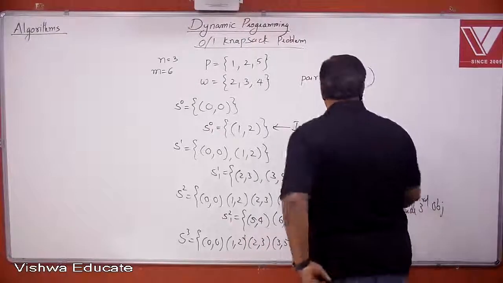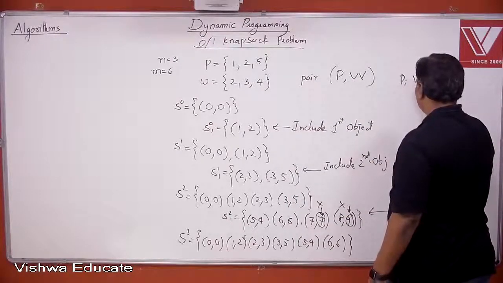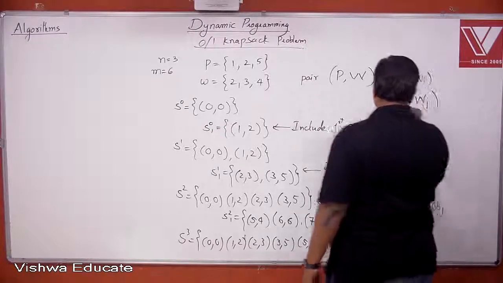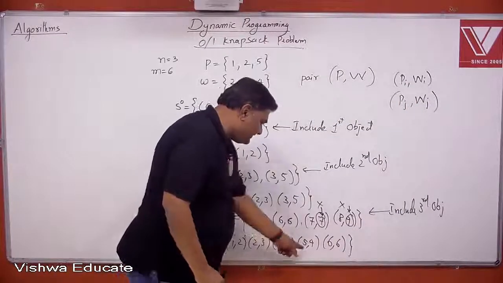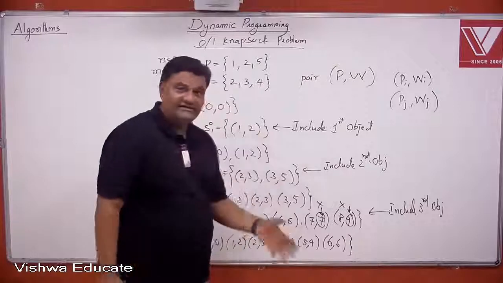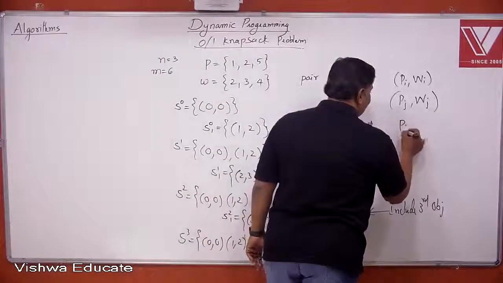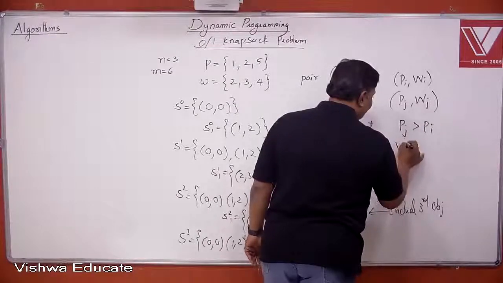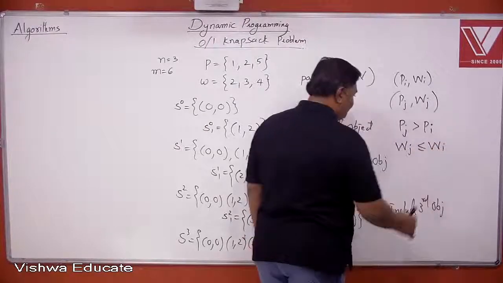If you have two ordered pairs, PI, WI and PJ, WJ, where PJ is greater than PI, but the weight of J is less than or equal to the weight of I, how is this possible?